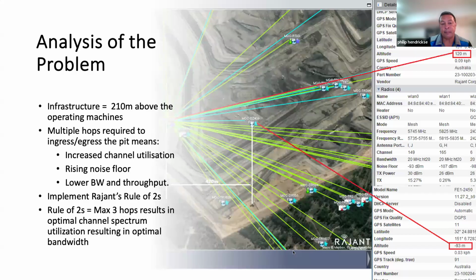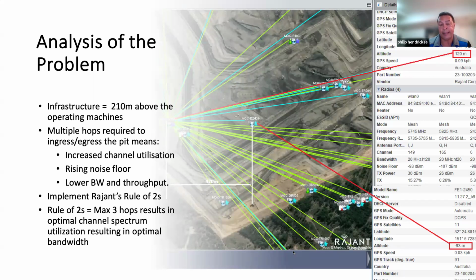When we look at BC Commander, we look at the trailer location. That's the top little box I've got outlined there. Being GPS located, it tells us the altitude is 120 meters above sea level. The second box you can see in red down the bottom is a bulldozer, and that is 93 meters below sea level.